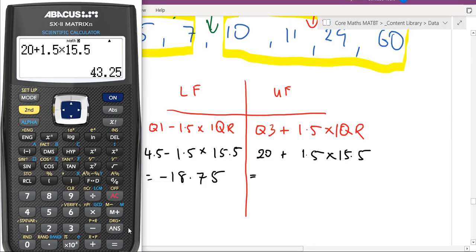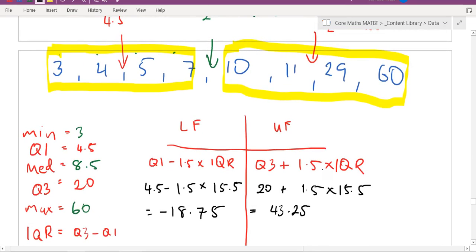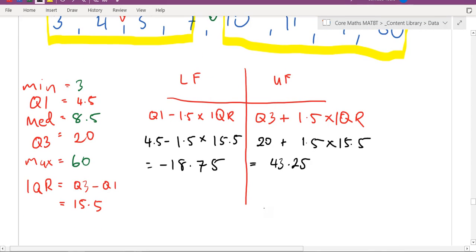Okay, and this is to tell me if there's any outliers. So that's 43.25. Which means, so we hypothesized that 60 was definitely, we weren't sure if 29 was or wasn't, but it's not an outlier. So here you want to state 60 is an outlier because it's higher than 43.25.